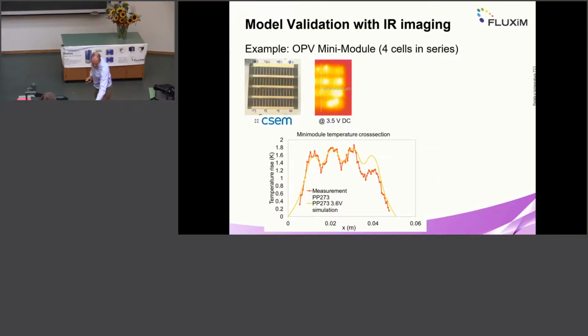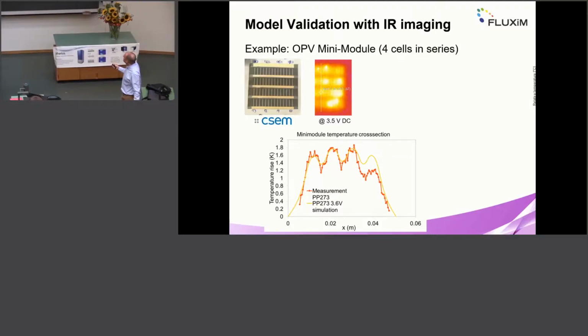Yes, and another example we did, so we consider these validation examples. Now the next example is a mini module of four OPV cells, and here you see the typical interdigitated or series connected OPV cells where metal fingers were added for increasing conductivity.